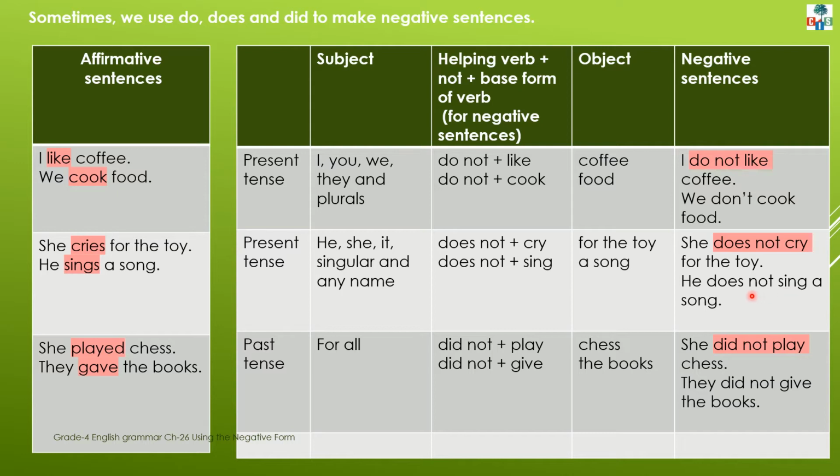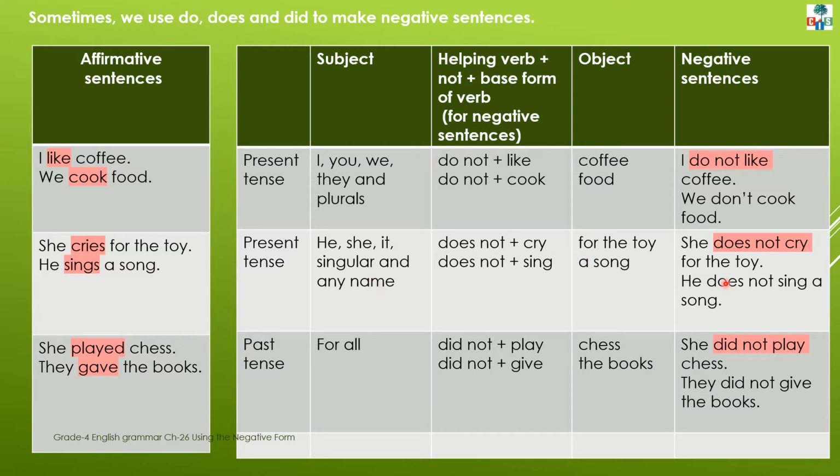So children, with the subjects he, she, it, singular and any name, you will use the helping verb does. Any name, for example Rohan. Rohan sings a song. If I change it into negative, it will be like this. Rohan does not sing a song.